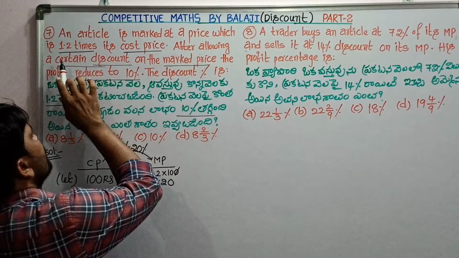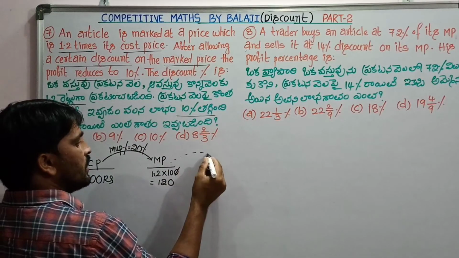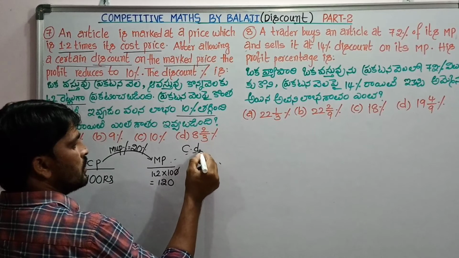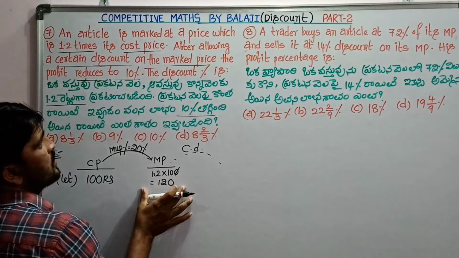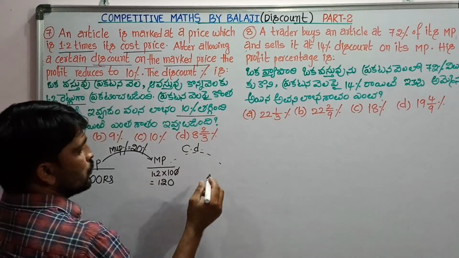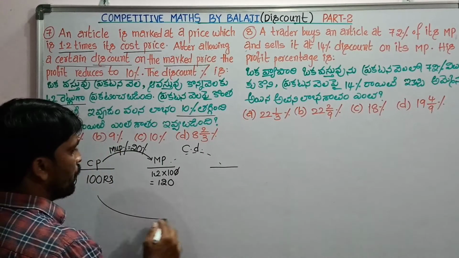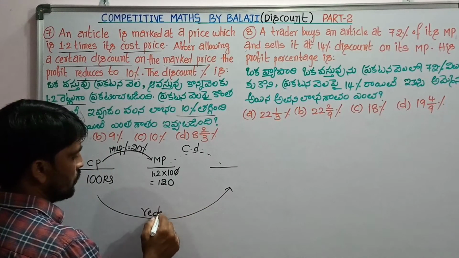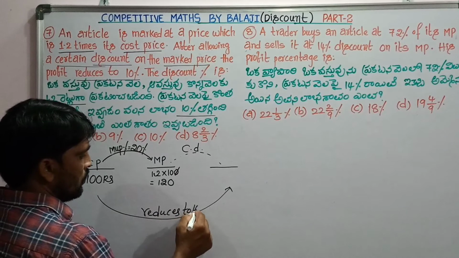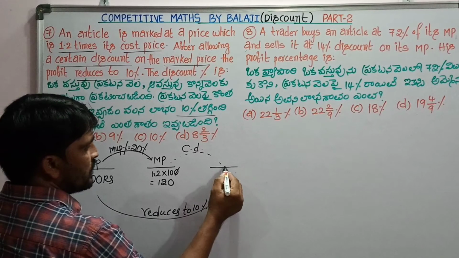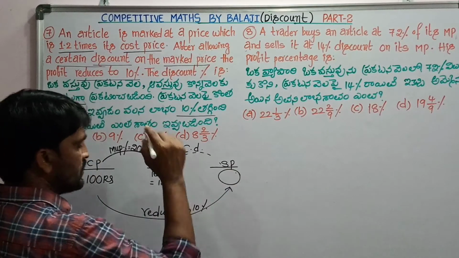And after allowing a certain discount on the marked price, the profit reduces to 10%. What is the SP? We have to find SP in this case.